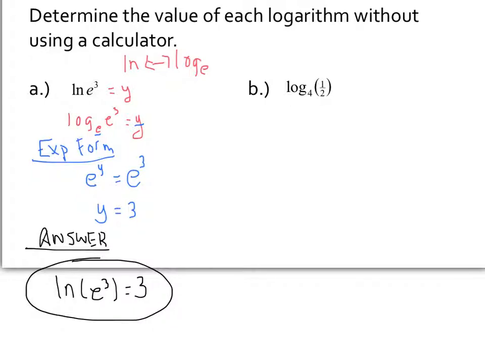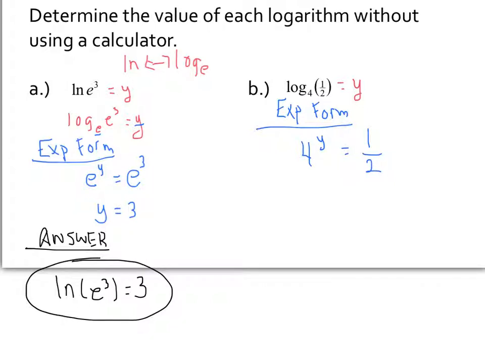Okay, so I set this equal to y, and then I go ahead and use exponential form, and I say 4 to some power is equal to 1/2. Huh. Well, what power would that be, and how do I relate 4 and 2?